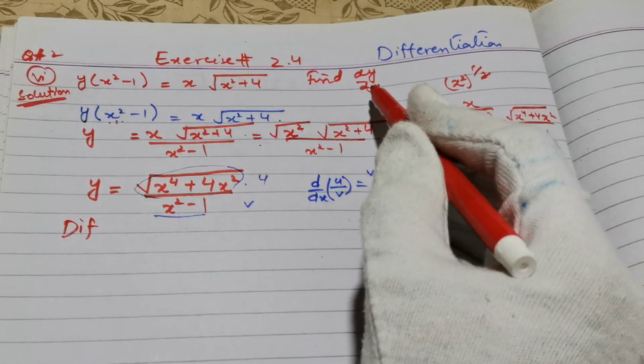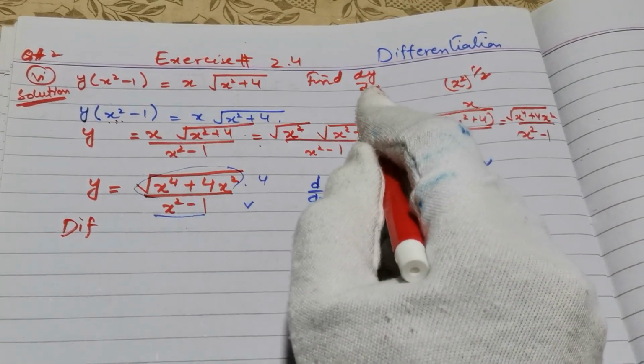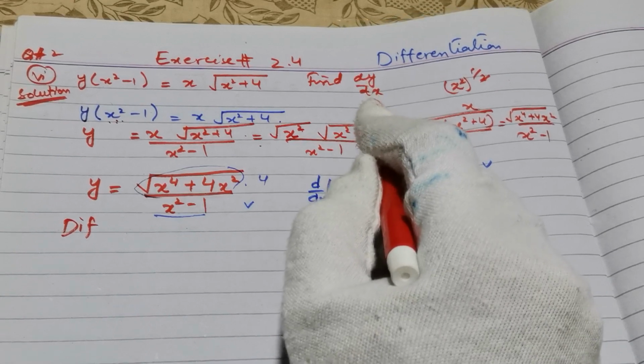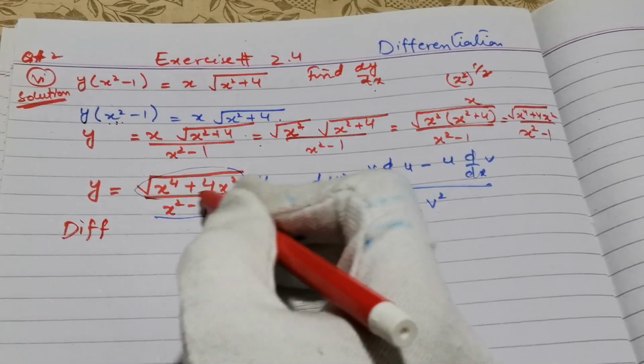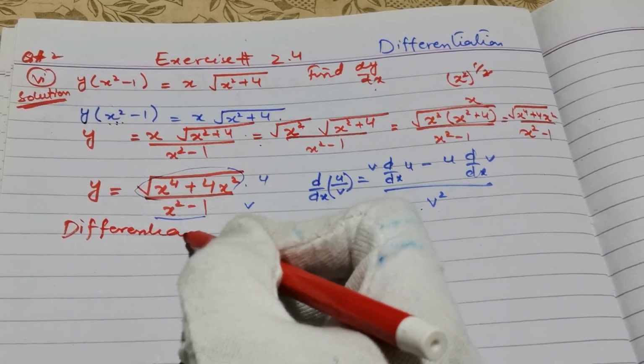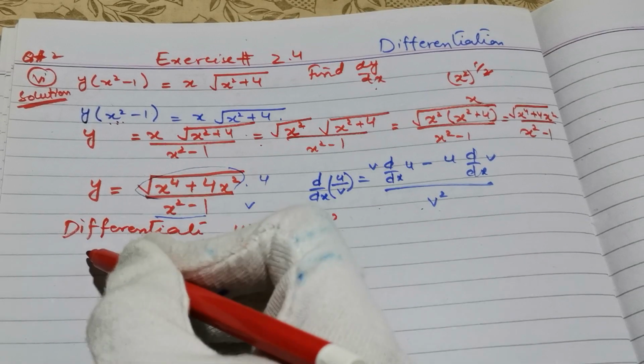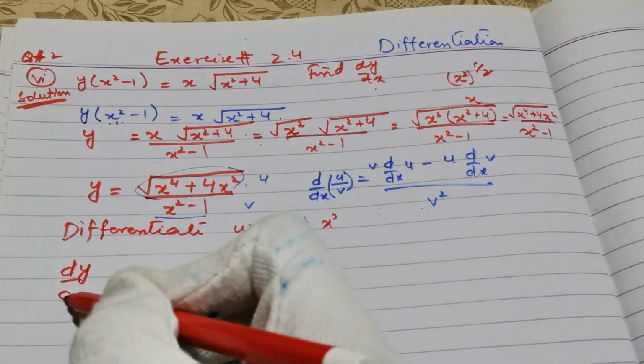We want to find the value of dy by dx. It means we will differentiate with respect to x. So here the variable is x, so we will differentiate with respect to x. So dy by dx.